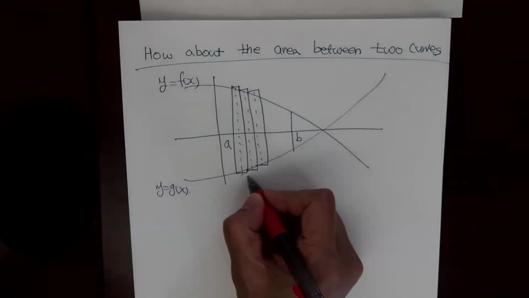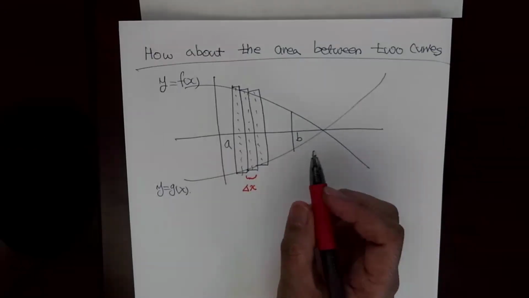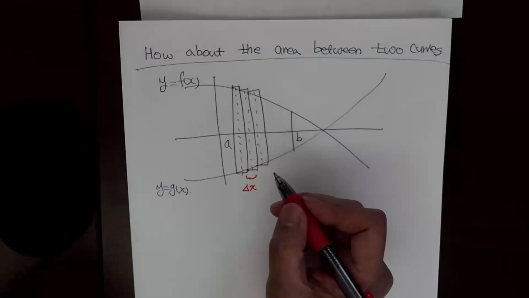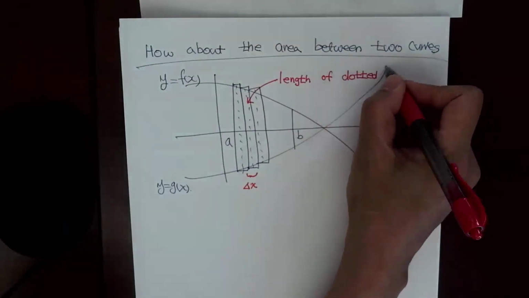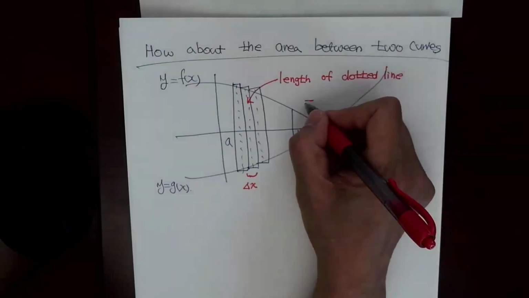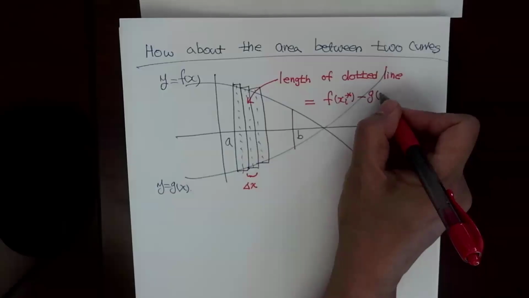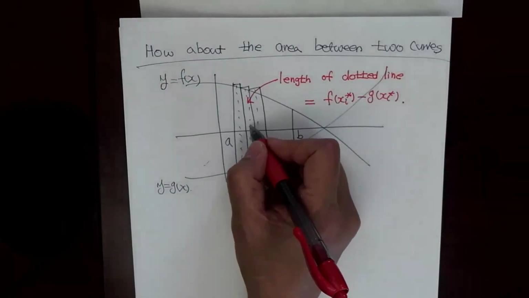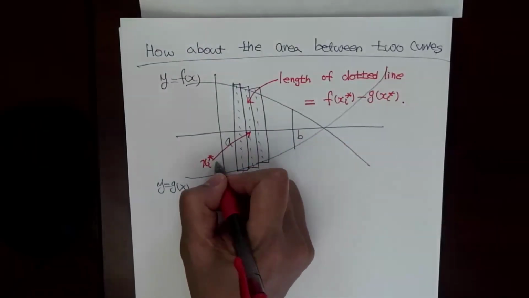So the difference between x values is denoted as delta x, and the length of the dotted line is f of xi star minus g of xi star. So we are using this x value denoted as xi star.